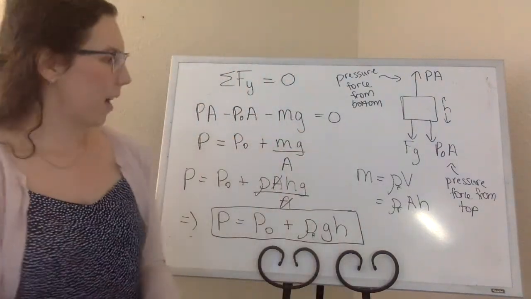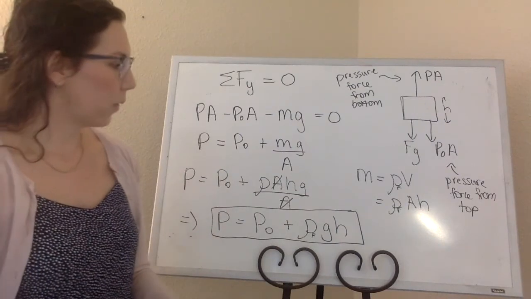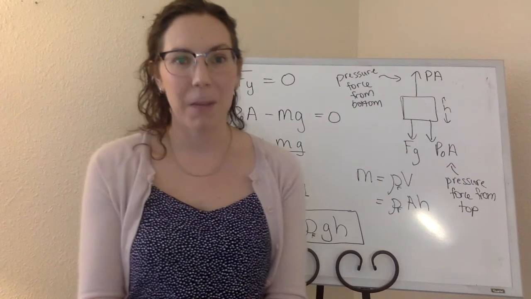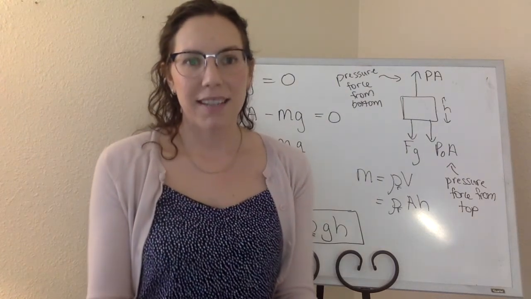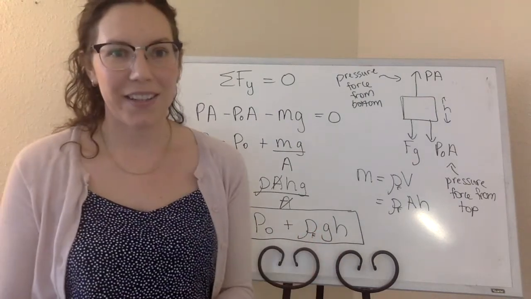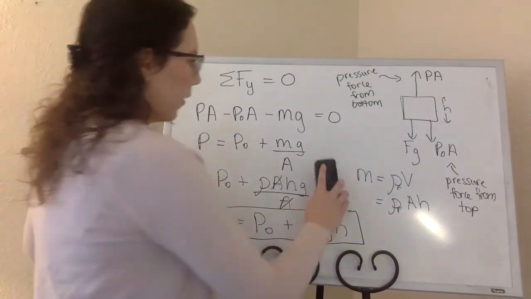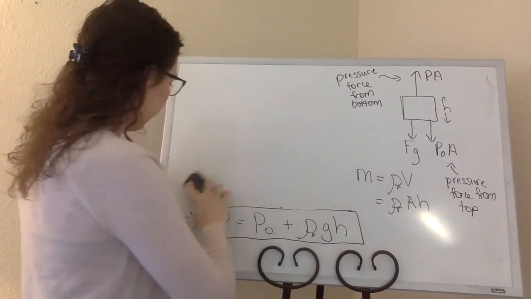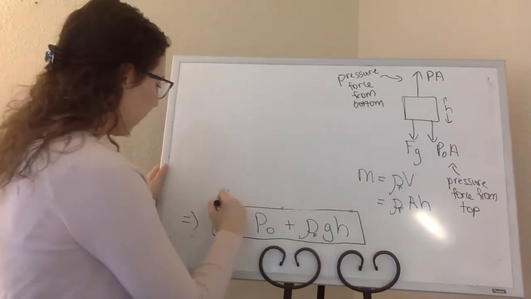All of the pressures here are in pascals, which means we need density in kilograms per meter cubed. g is 9.8 meters per second squared, and then the depth will be in meters. I'll just erase this to note that the pressure that we're writing here is called absolute pressure.